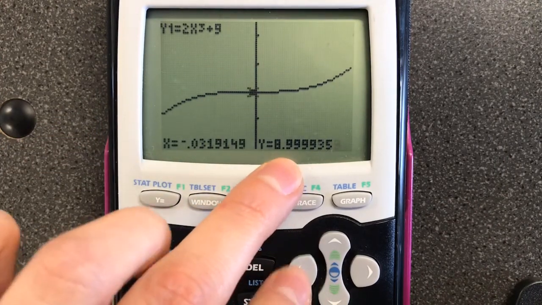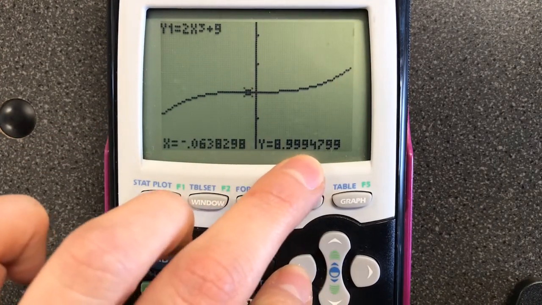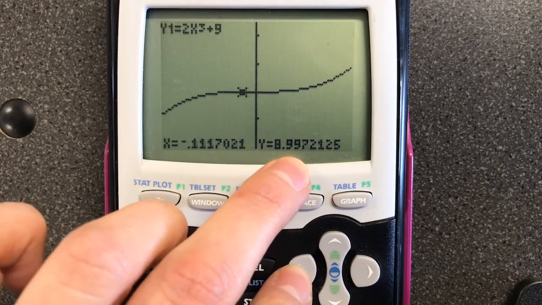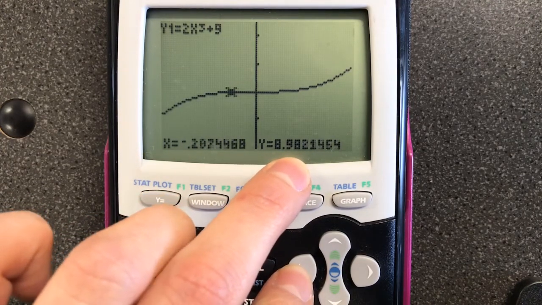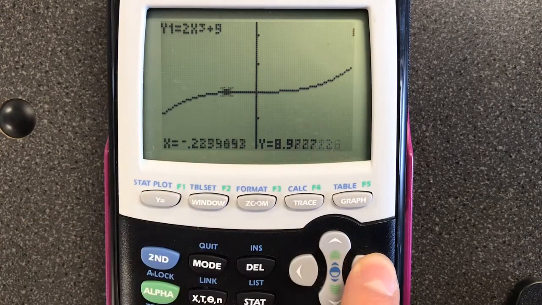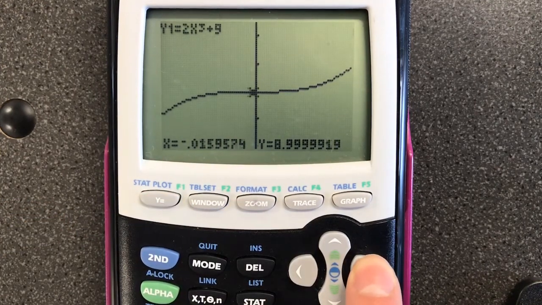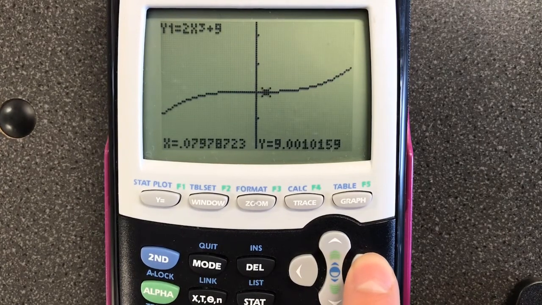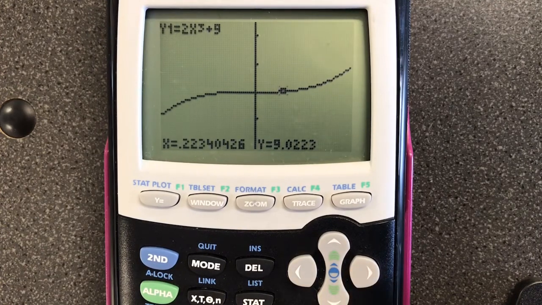And sure enough, there's a whole bunch of 8.999s, but they are still technically getting smaller, very slowly, but they are getting smaller. So as I move from left to right, all of my y coordinates are getting bigger, so they're never exactly the same, which means this guy does pass the horizontal line test, meaning its inverse is a function.